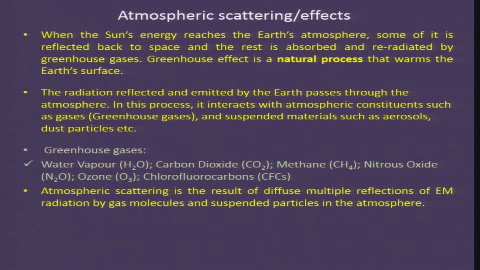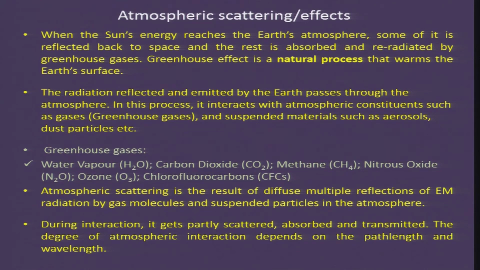Now, atmospheric scattering is the effect of diffuse multiple reflections of electromagnetic radiation by gas molecules and suspended particles in the atmosphere. During the interaction, the radiation gets partly scattered, absorbed and transmitted.